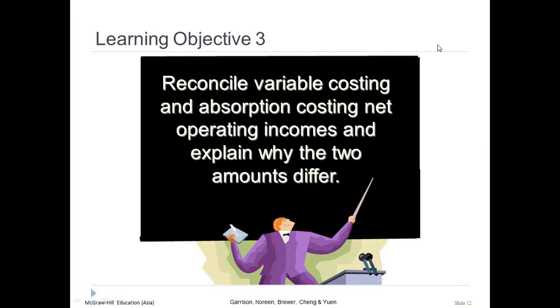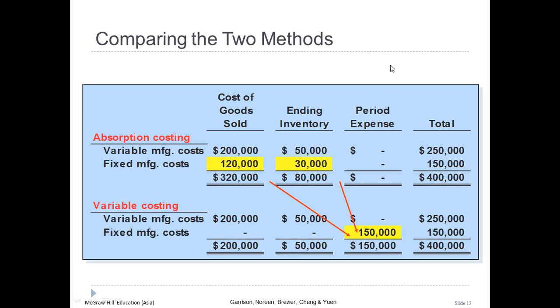So let's reconcile the variable costing and the absorption costing methods and look at why they differ and how much they differ. Absorption costing method on the top, variable costing on the bottom. You can see that the cost of goods is significantly higher in absorption costing because fixed manufacturing costs are included in cost of goods sold. Ending inventory includes fixed manufacturing costs.